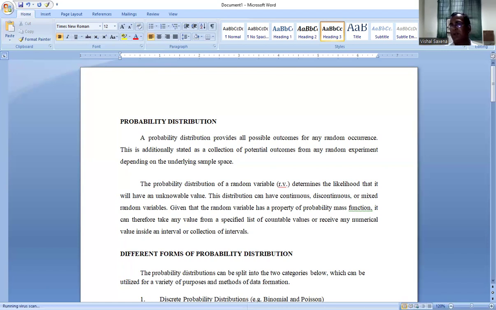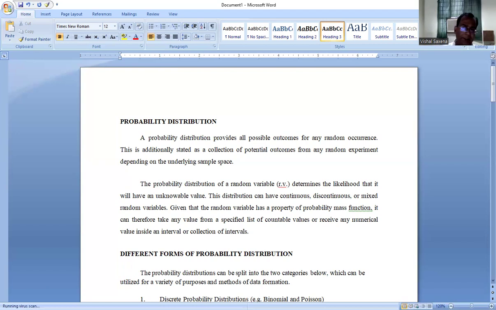When we discuss the continuous random variable, we will use the concept of the probability density function. It can take any value from a specified list of countable values, or any numerical value inside an interval or a collection of intervals.